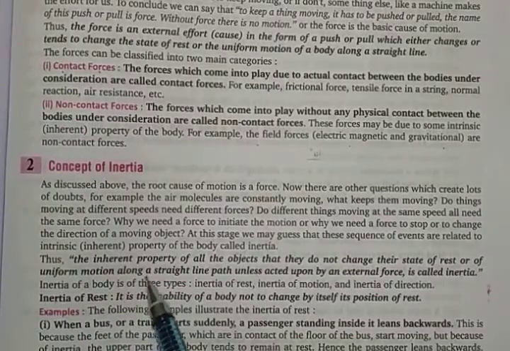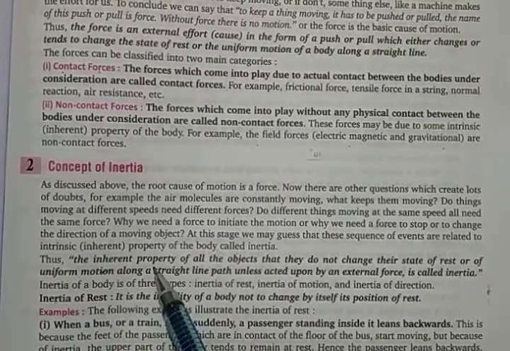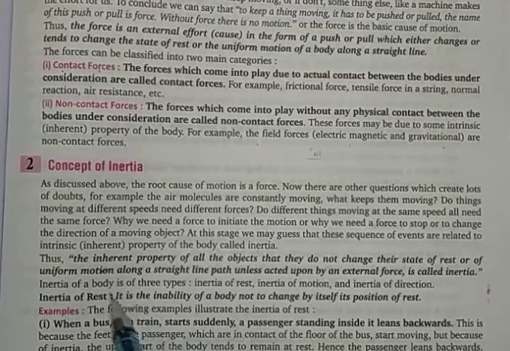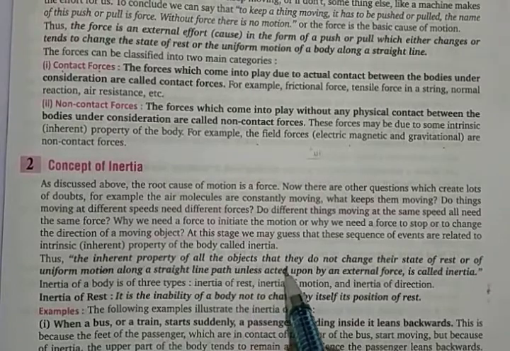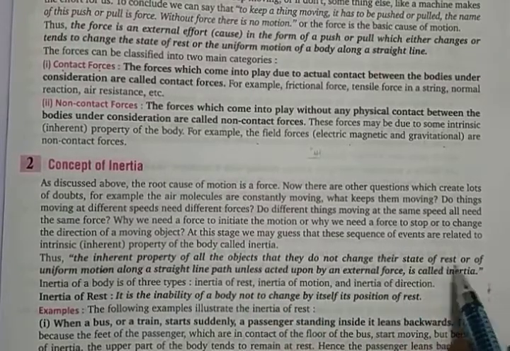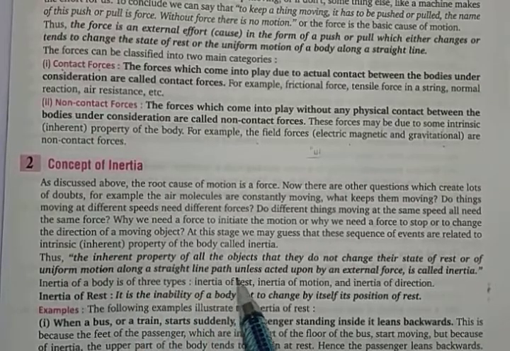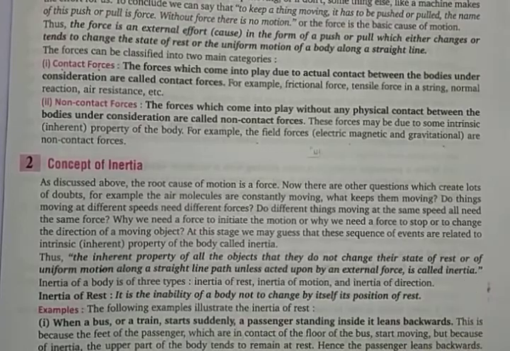What does property by virtue mean? Naturally. It is the way God has created. The inherent property of all objects that they do not change the state of rest or of uniform motion along a straight line path unless acted upon by an external force is called inertia.